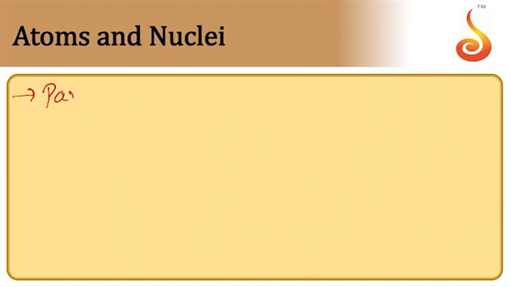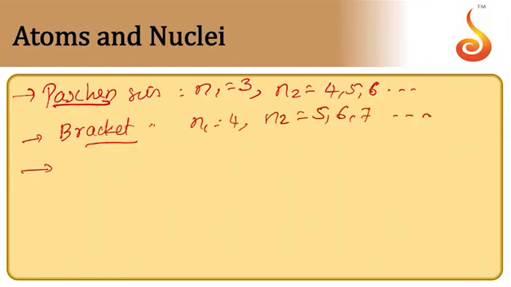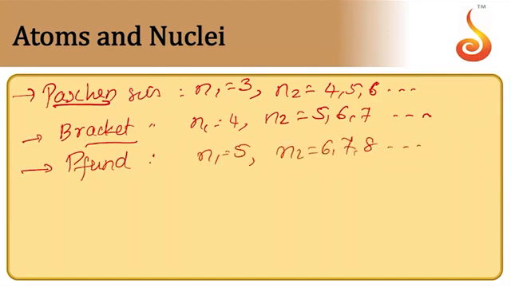Likewise, the Paschen series corresponds to N1 equal to 3, N2 equal to 4, 5, 6, etc. And we have the Brackett series, N1 equal to 4, N2 equal to 5, 6, 7, etc. And we have the Pfund series, which corresponds to N1 equal to 5, N2 equal to 6, 7, 8, etc. And of course, all of them terminate at infinity.